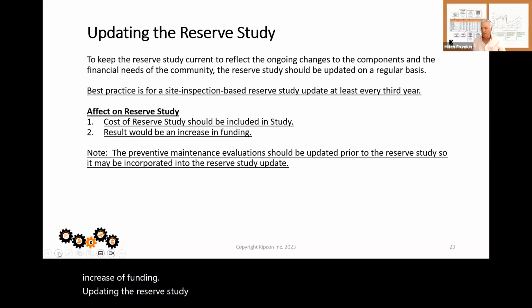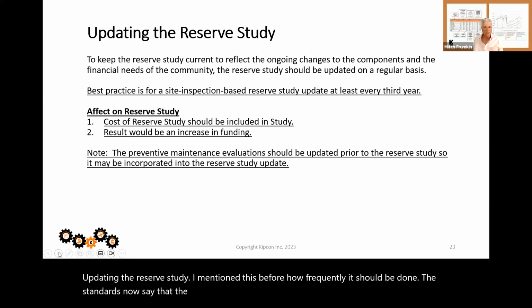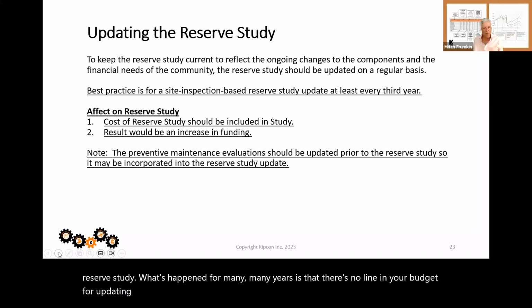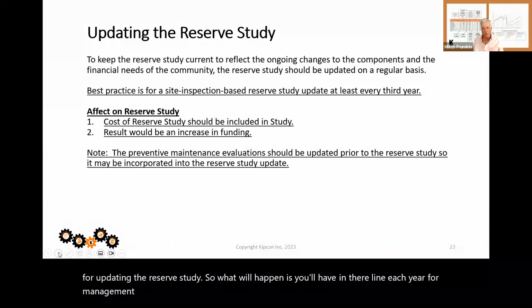Updating the reserve study. I mentioned before how frequently it should be done. The standards now say that the cost for updating the reserve study should be included in the reserve study. What's happened for many, many years is that there's no line in your budget for updating the reserve study. So you'll have a line each year for management costs, for accounting costs, all this kind of stuff.